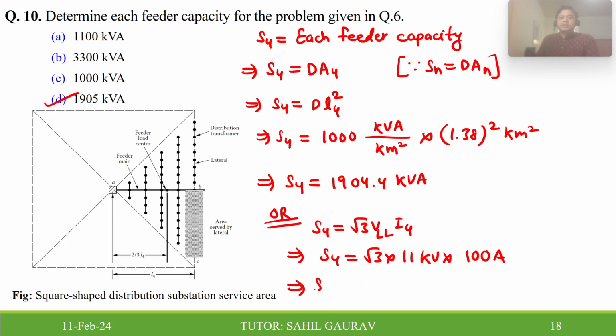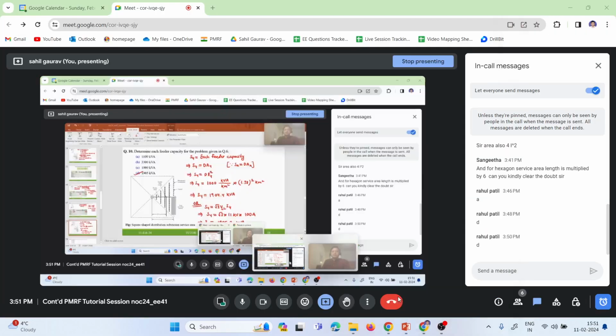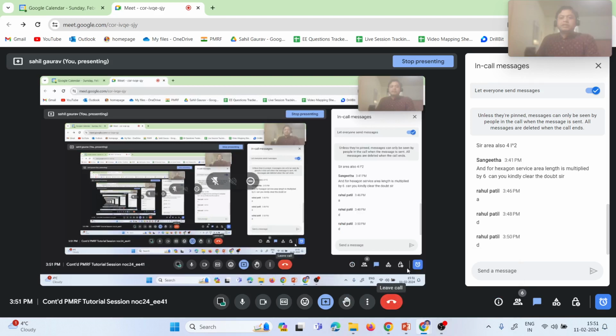So from here you get S4 as 1905.2 kVA. So approximately it is coming as 1905 kVA. Yeah, D is the correct answer. Very good.